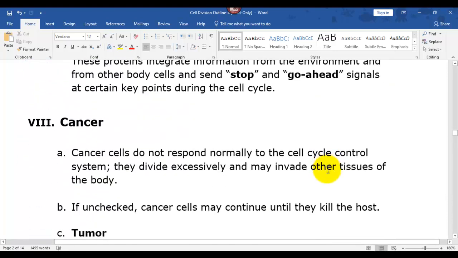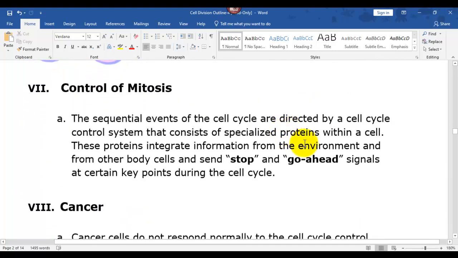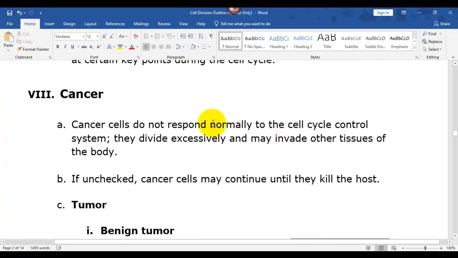All right, this last part. So we'll talk about cancer now. So cancer cells are when cells divide out of control.